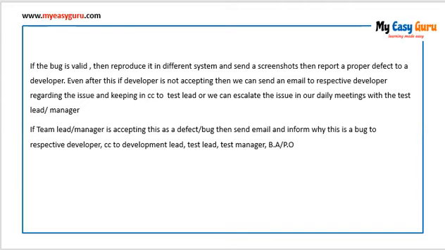If he is continuously rejecting your bug, then reproduce it in different systems and take a screenshot as proof to report a proper defect. And after that, if the developer still does not accept your bug, then email the particular developer and add the test lead in the CC.